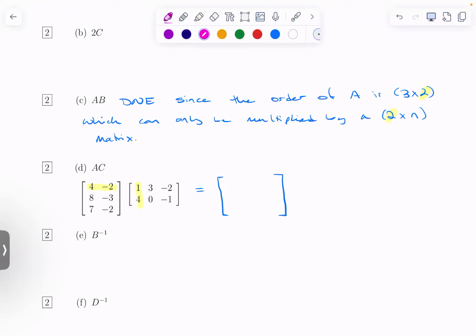And so I will write out just the first entry here. But then I will not write out any more because it would be 4 times 1 plus -2 times 4, which is 4 minus 8 is -4.